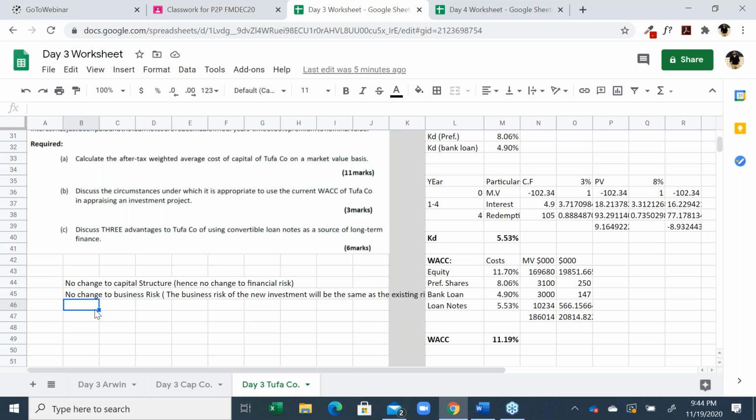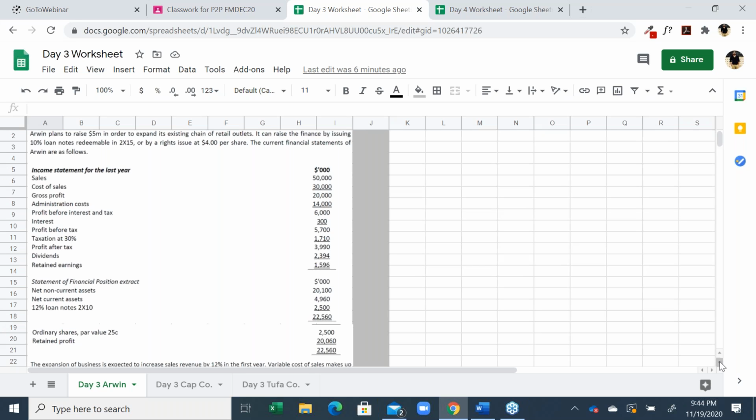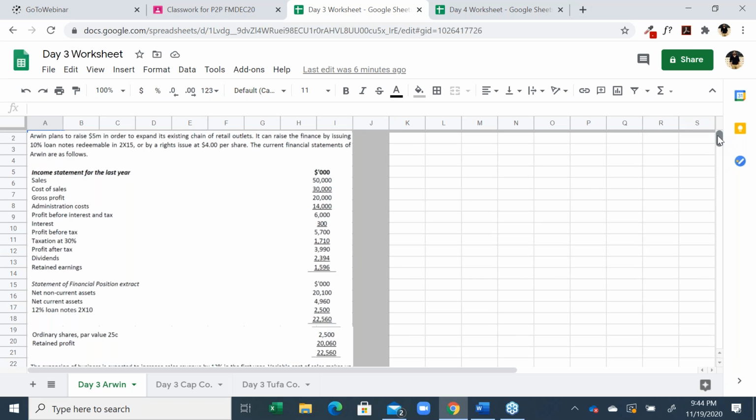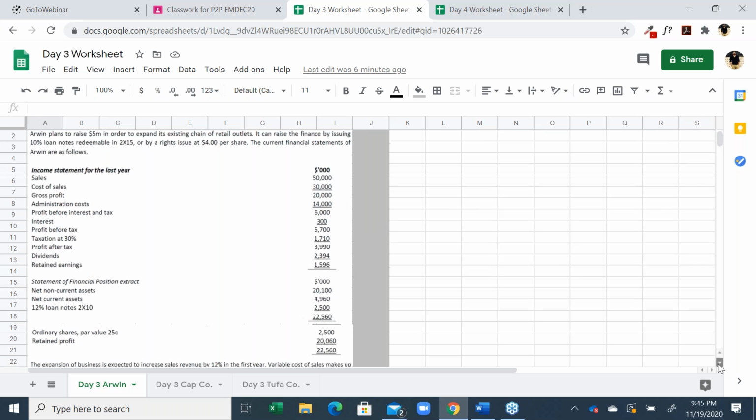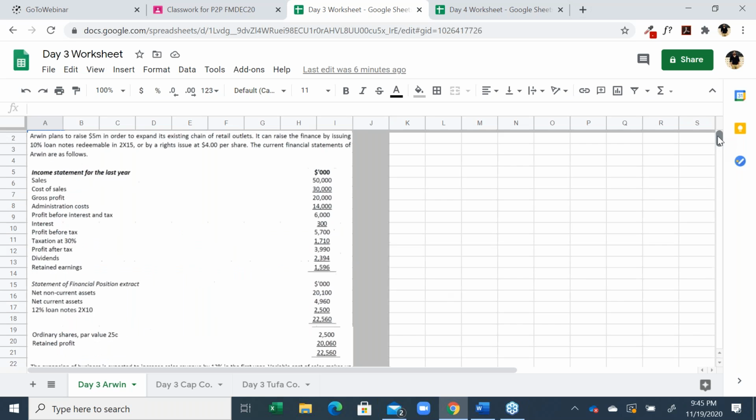So let's move forward now and go to our next question. I'm just giving you some time to solve this question, though it's not highly technical, but still it's a very good question. It says that the company wants to expand, and this expansion is going to increase the company's sales revenue. The company has two sources of finance.